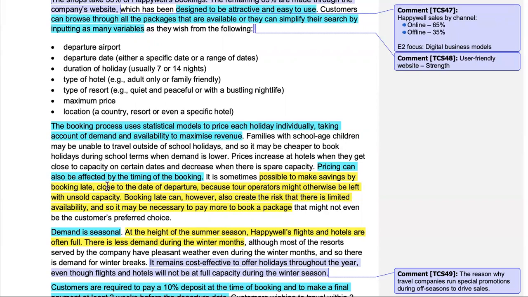And pricing can also be affected by the timing of the booking, because if you book in advance, the price will be cheaper, but closer to your departure, if you are trying to book a travel package, then definitely it's going to be expensive.